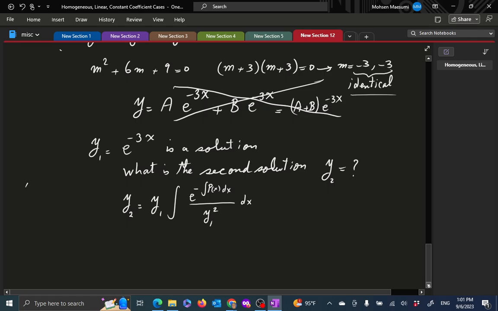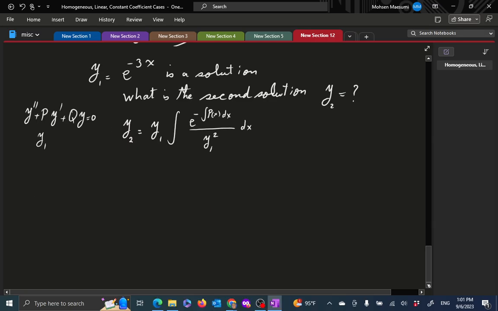This was for a differential equation y double prime plus p y prime plus q y equal to 0. In solution number 1, y1 is given. How do you get y2? That was a recipe for y2.